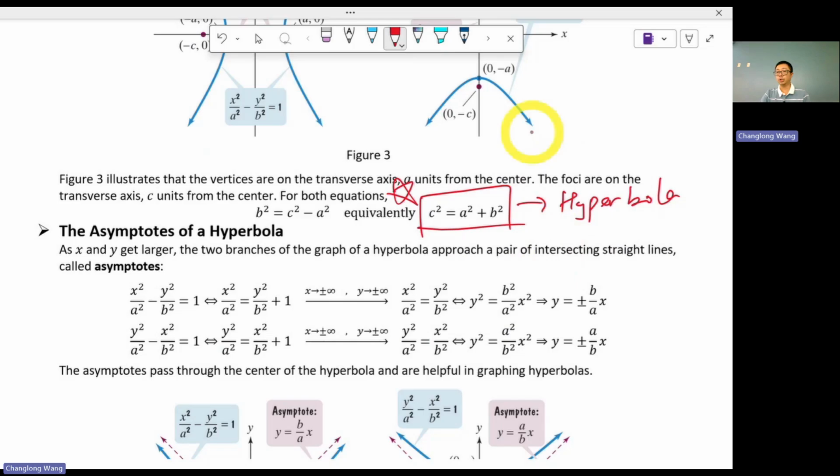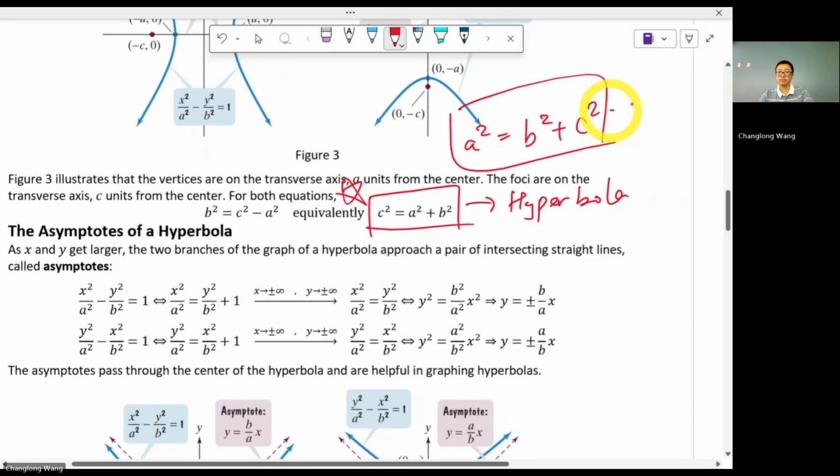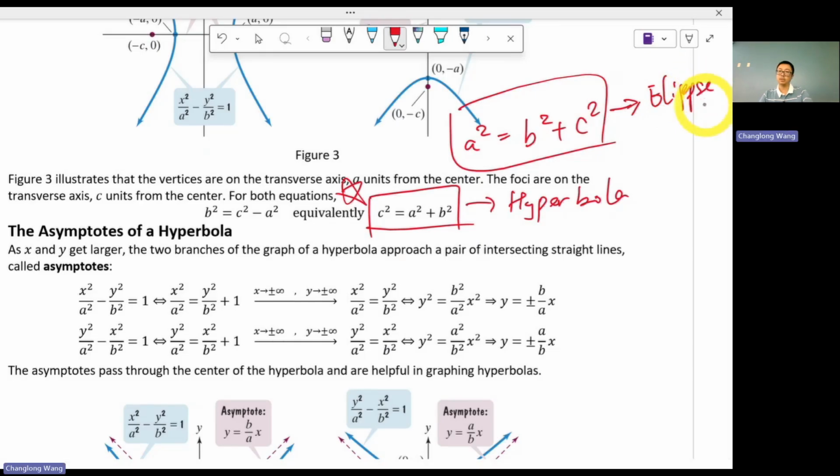So again, you could put it down if you want. So basically, a squared is b squared plus c squared, and this is for the ellipse.